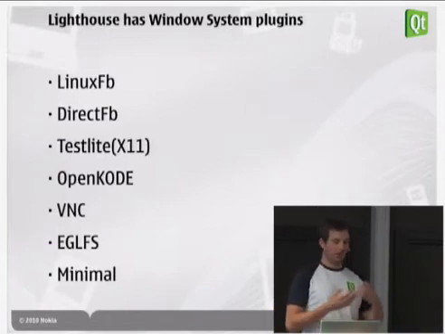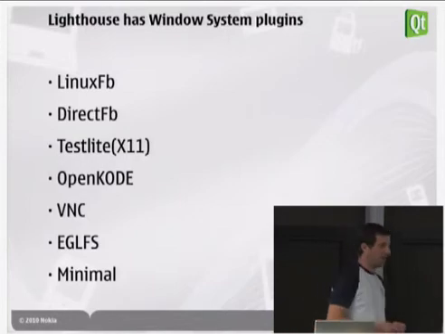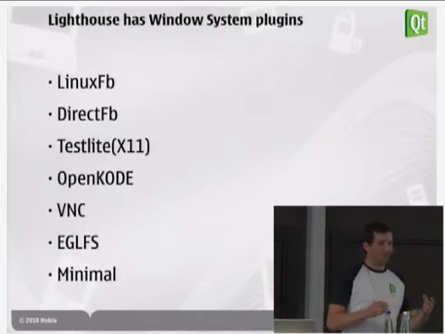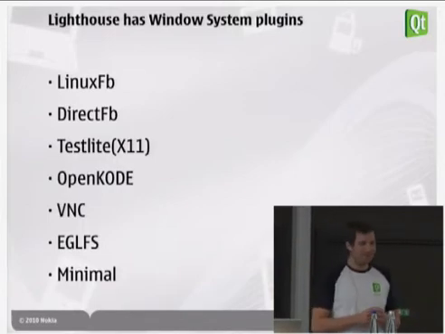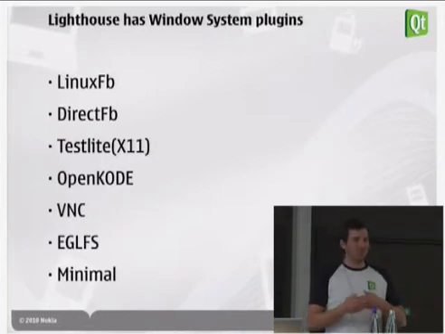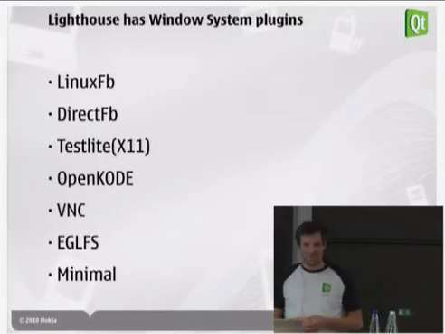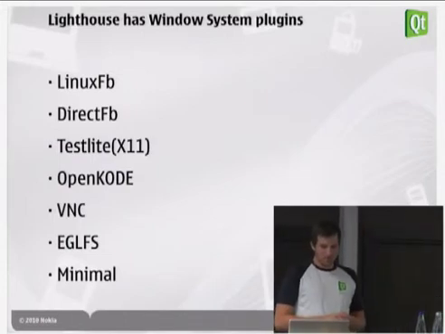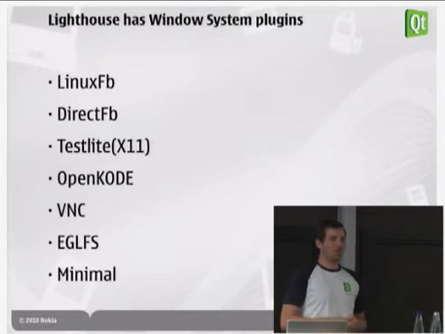And then we made a DirectFB backend. We made a backend to test all the APIs called TestLight, which happens to be X11. It's very convenient to develop for a windowing system that you're actually sitting on, right? And then Donald in the back of the room sent me a Tegra board one day.